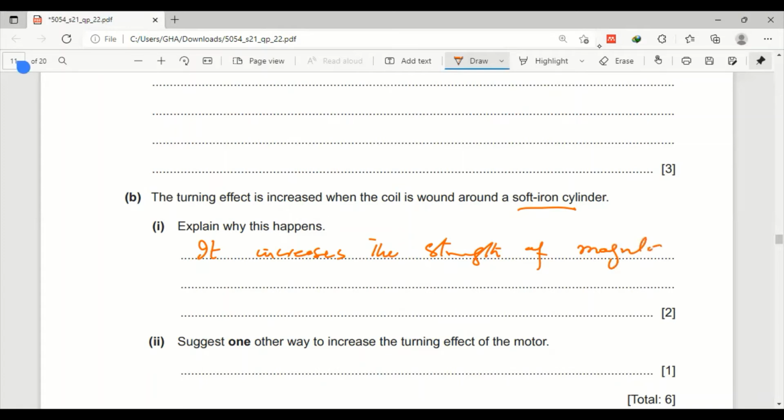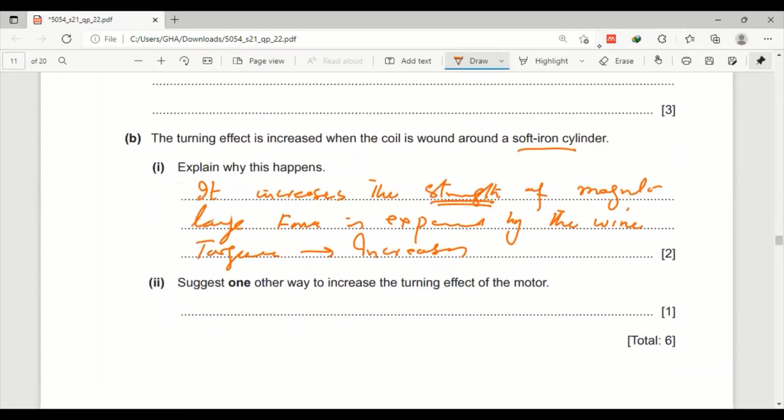So due to the strong magnet, a large force is experienced by the wire. Thus, the turning effect, meaning the torque, increases.